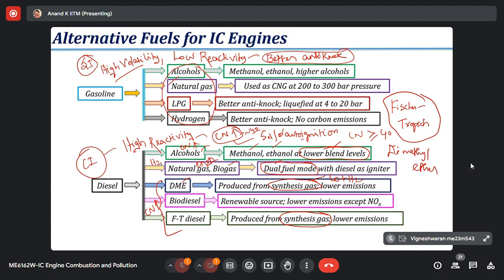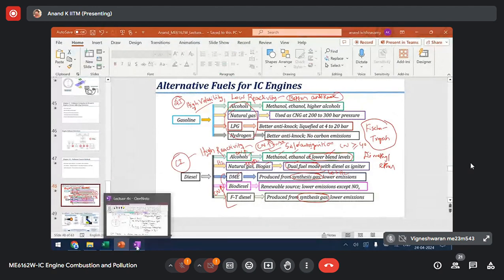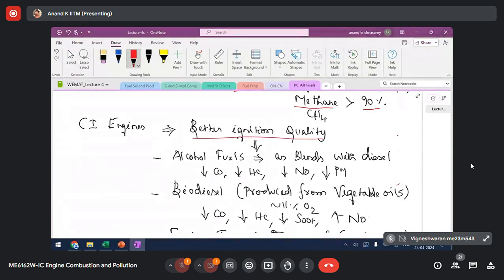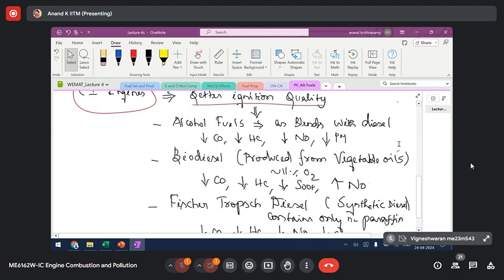Now let us look, from the emission perspective, at how they are reducing pollutant emission. So you need to look at better ignition delay, which is a fundamental criterion for choosing an alternative fuel for CI engine. Alcohol fuel should be used at lower blend level. And what is found with alcohol fuel at lower blend level is that they can reduce CO2 and soot.